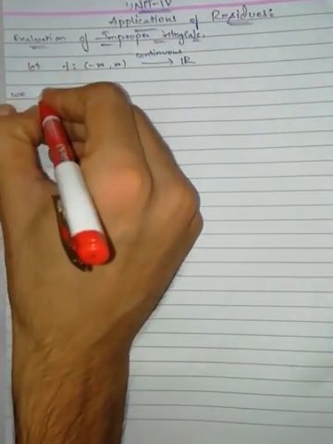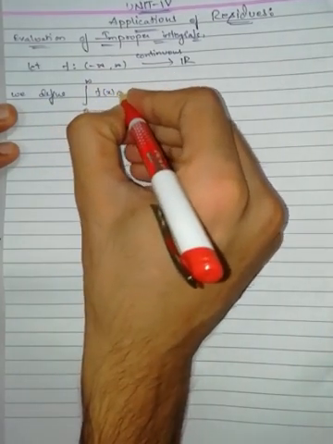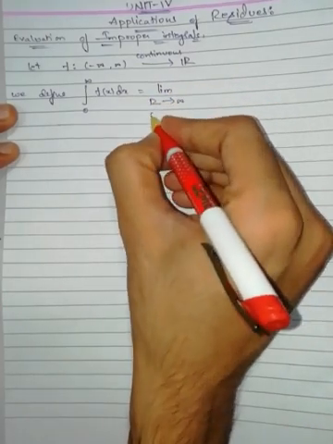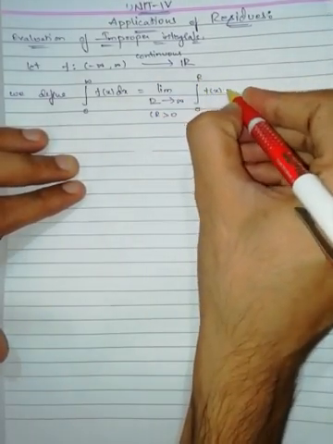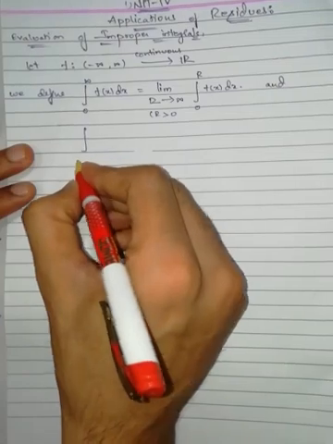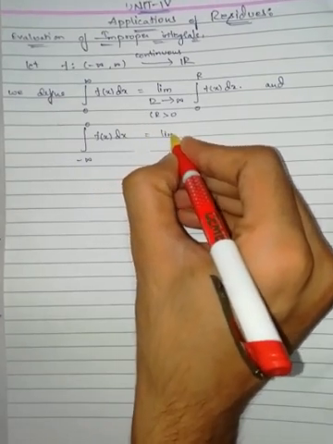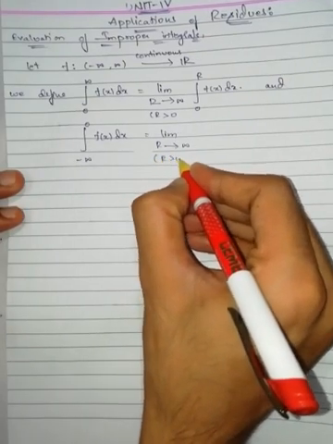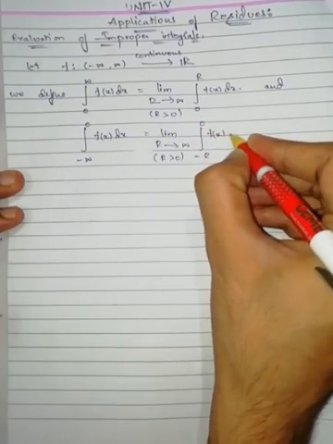We define integration 0 to infinity f of x dx as limit r tends to infinity, where r is greater than 0, integration 0 to r f of x dx, and integration minus infinity to 0 f of x dx is equal to limit r tends to infinity, where r is greater than 0, integration minus r to 0 f of x dx.